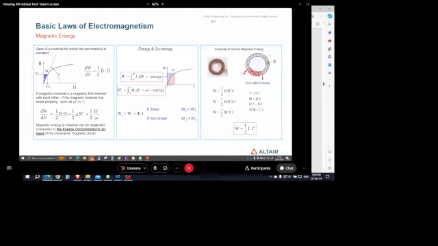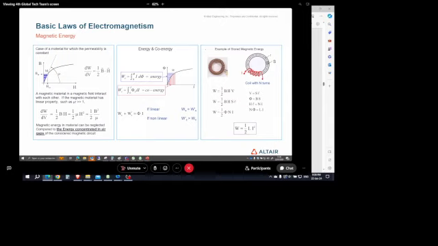I am going to talk about magnetic forces later on, but let's first talk about the magnetic energy stored on the magnetic circuit and the magnetic energy stored as well on the air gap.